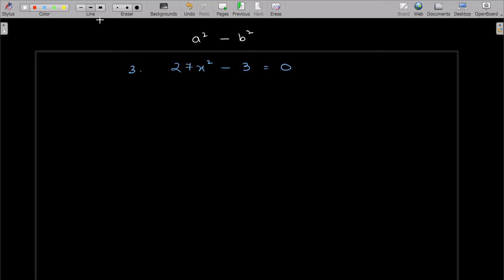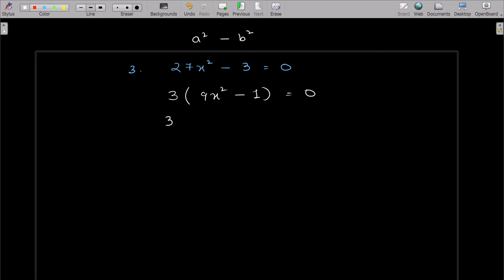In any expression, always first see if you can factor out something. That will always ease your calculations. So here we can factor out 3, and then we get 9x squared minus 1.